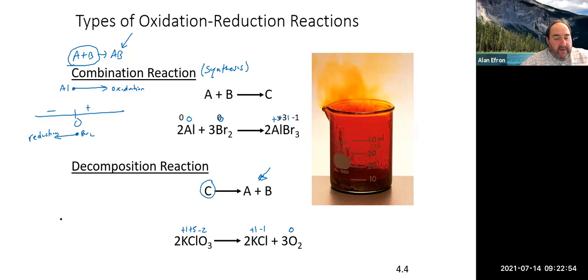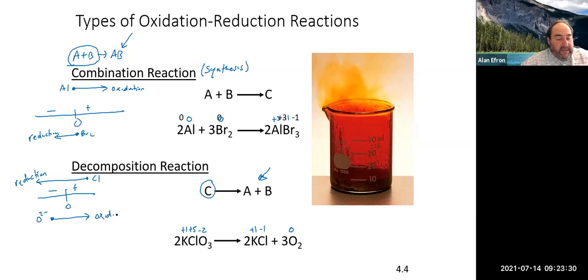So again, if we try to figure out what is happening here, the chlorine is starting at +5, which would be over here, and it is ending up at -1, which is way over here. That's becoming more negative, which means chlorine is going through reduction. The oxygen is starting at -2, which is over here, and it is ending at 0, which means it's becoming more positive.